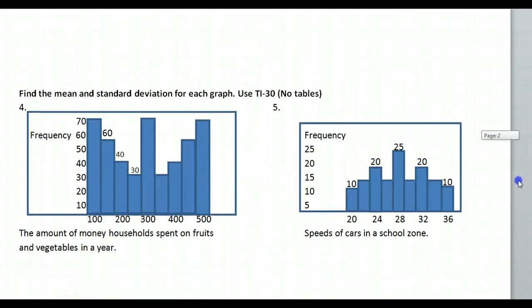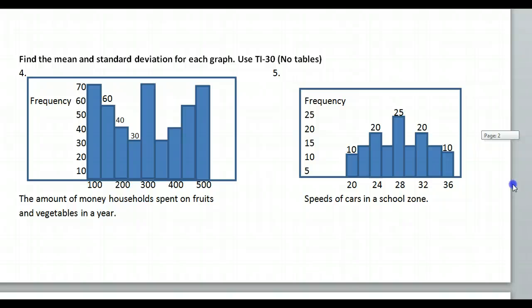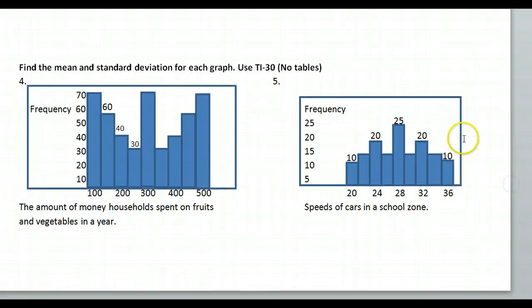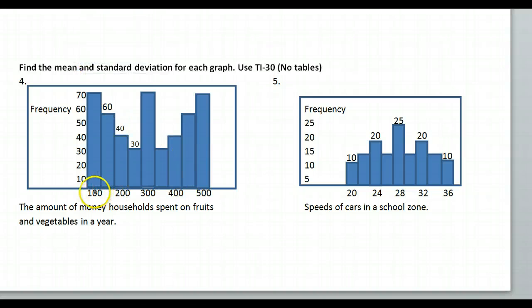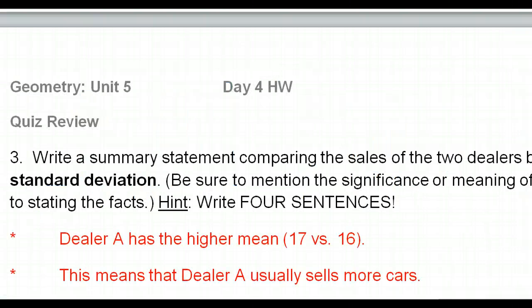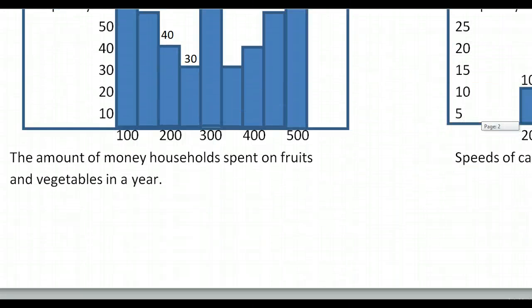So let's move on to these last two problems. Here's where we work with the TI-30 in order to find the mean and standard deviation from a frequency table. Now look, a little bit of extra information. When they skip like this, it's just a matter of whoever made this table felt the numbers wouldn't fit properly, so they space it out.